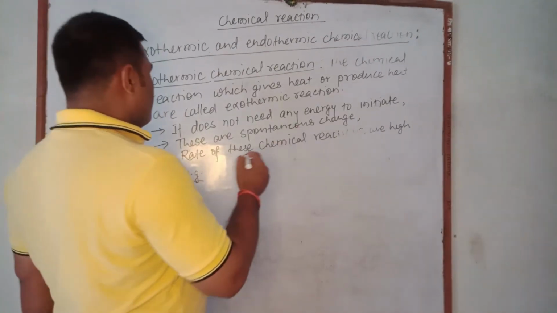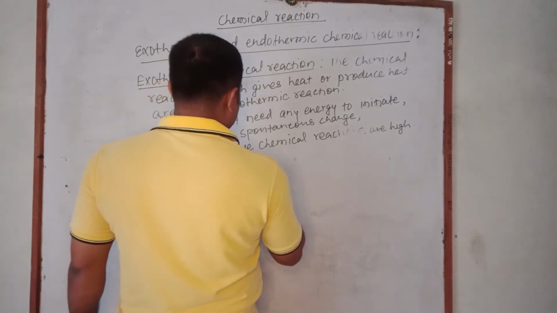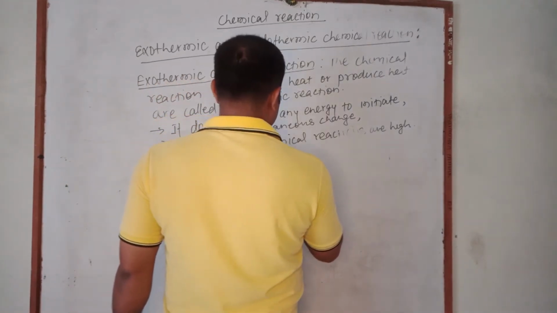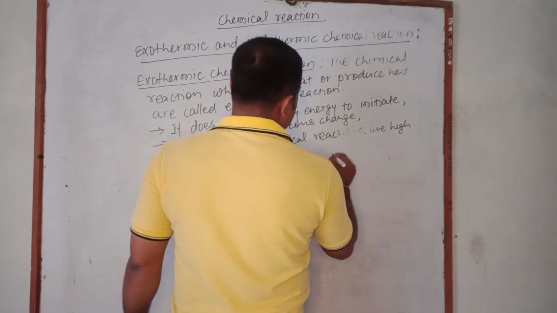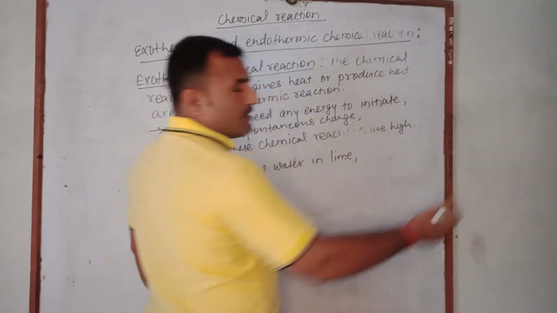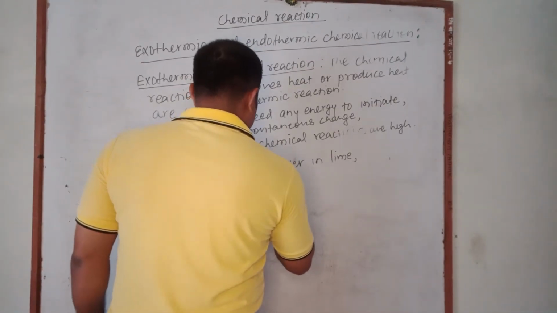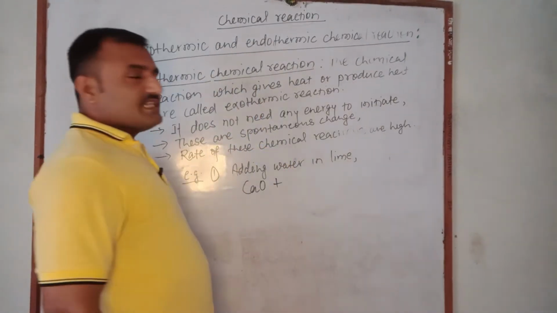and in our surroundings we find several examples of exothermic reaction. As for example, adding water in lime, or quick lime also we can write. And the molecular formula of quick lime is calcium oxide.